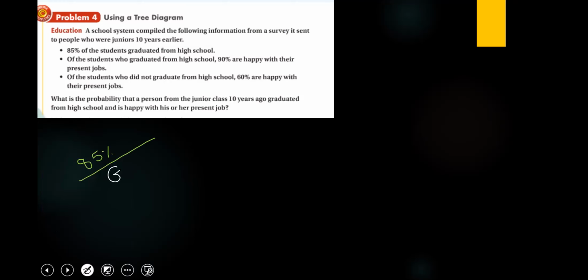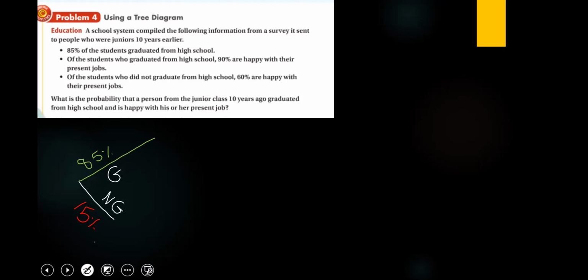So if 85% are graduated, how many didn't graduate? We have to say 100 minus 85, which is 15%. So if 85% graduated, 15% didn't graduate.